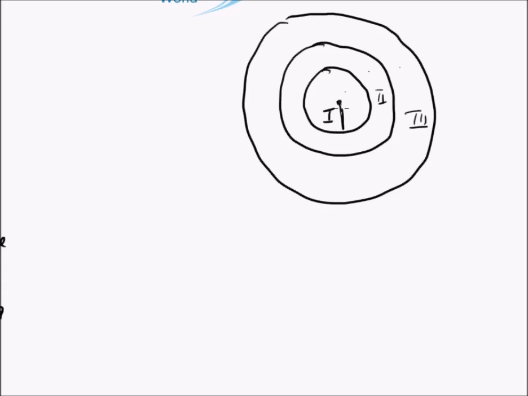The radius of the first circle is 7 centimeter, and each of these rings is separated by a distance of 7 centimeter. So let the center be O, this line be OR, the radius of the second be OP, and the radius of the third circle be OQ.